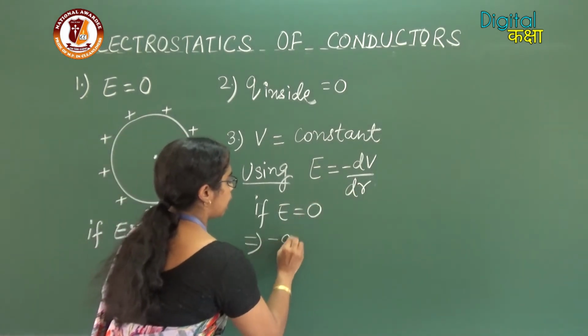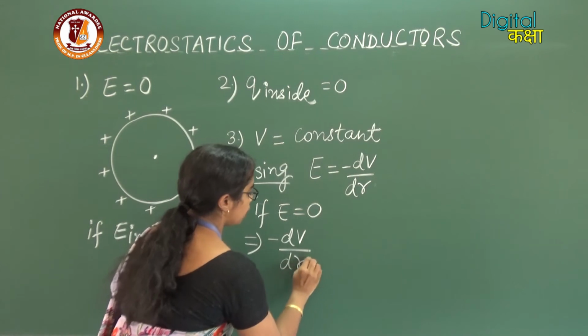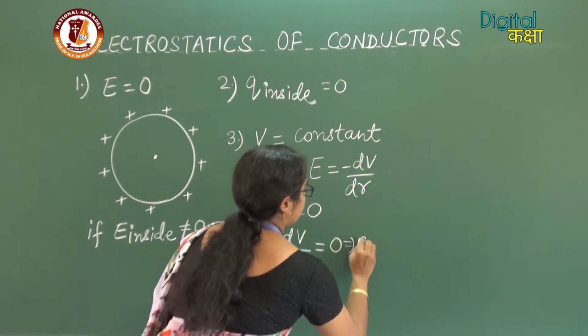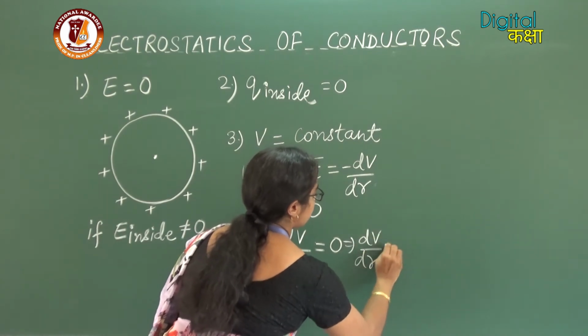It implies that minus dV upon dr is equal to 0, or dV upon dr is equal to 0.